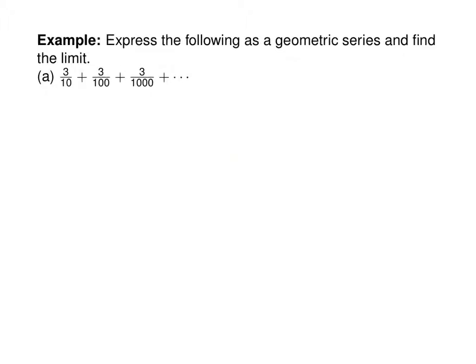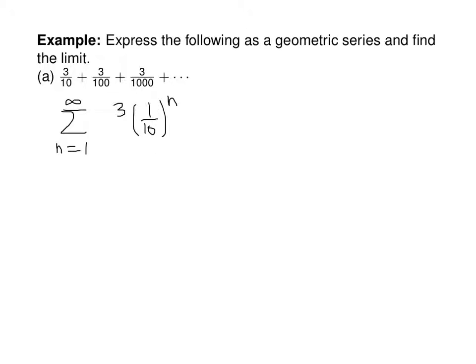Express the following as a geometric series and find the limit. So I think it's easiest to express this as a sum from n equals 1 to infinity of 3 times 1 over 10 to the n. And let's just check.